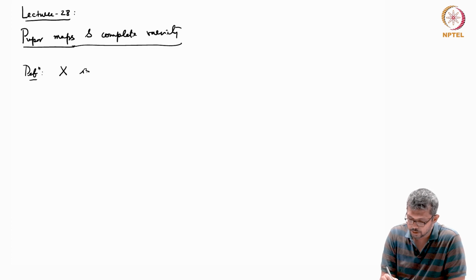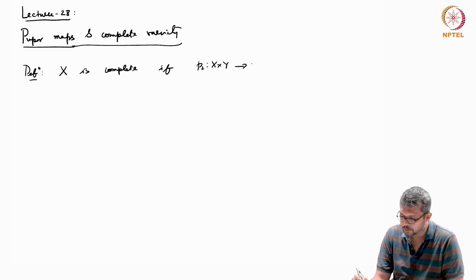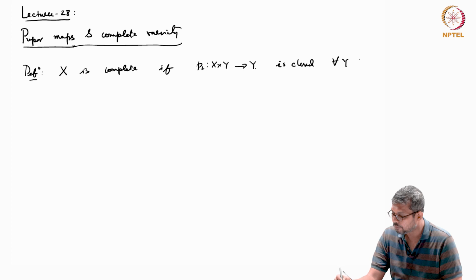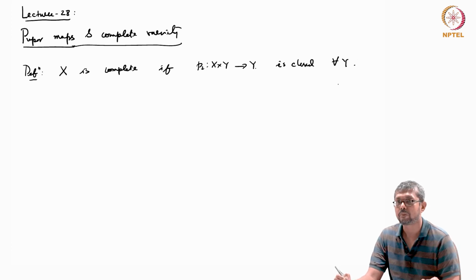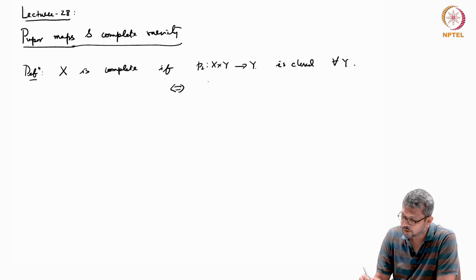X is complete. Assume X is a variety. X is complete if the second projection map P2 from X cross Y, this is the product in the category of varieties, to Y is closed for all Y. Or this is equivalent to saying that this is universally closed.